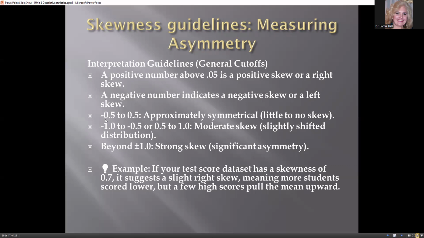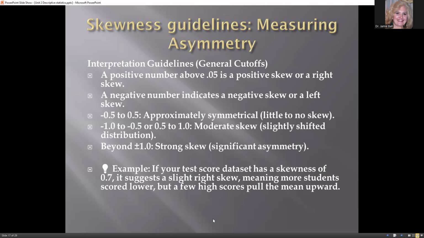So if our skewness is between minus 0.5 to 0.5, there's little to no skew. It's fairly symmetrical. If it's minus 1 to minus 0.5, it's moderate skew, negative, or 0.5 to 1, it's moderate skew, positive, and beyond plus or minus 1, either direction, is a strong skew.